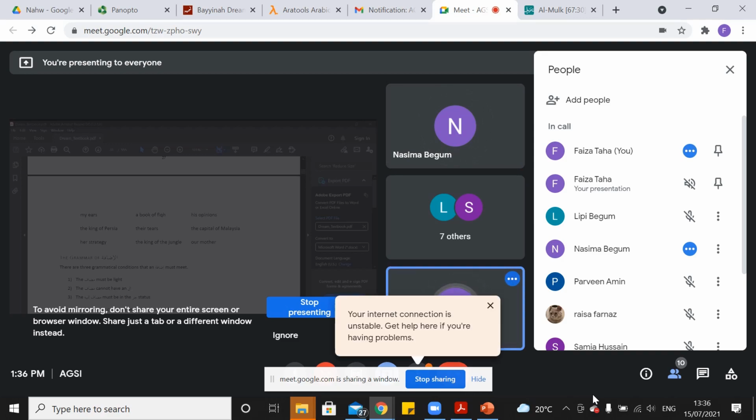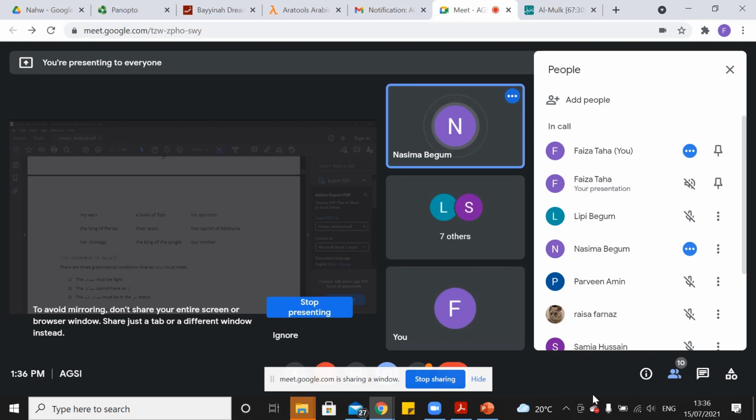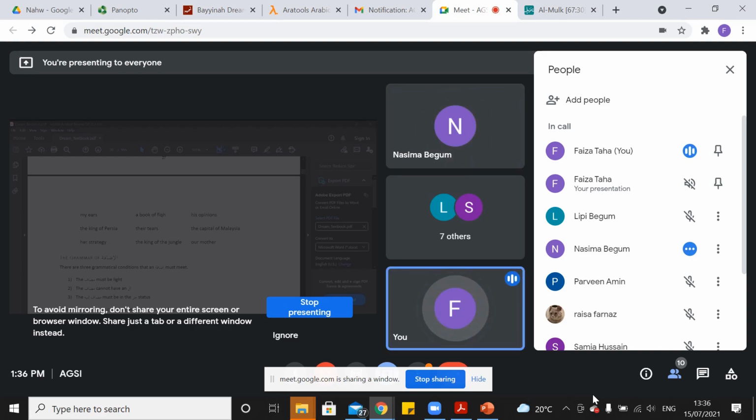Book of fiqh. So is the word that comes before "of" called mudaf or mudaf ilayh? Mudaf is the word that comes before "of", and mudaf ilayh is the word that comes after "of". So now give me, in a book of fiqh, what is mudaf and what is mudaf ilayh?